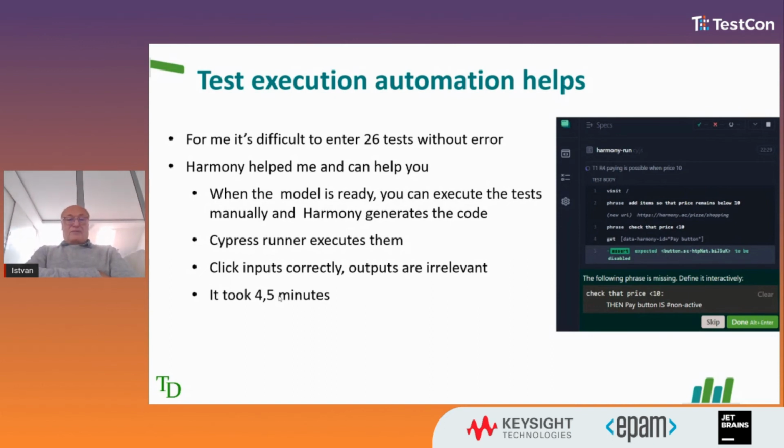Anyway, I should consider only the inputs correctly, because when you use this framework, you will see only the correct application, and the other will be handled by the mutants. So the whole automation and execution took only a little bit more than 4 minutes.